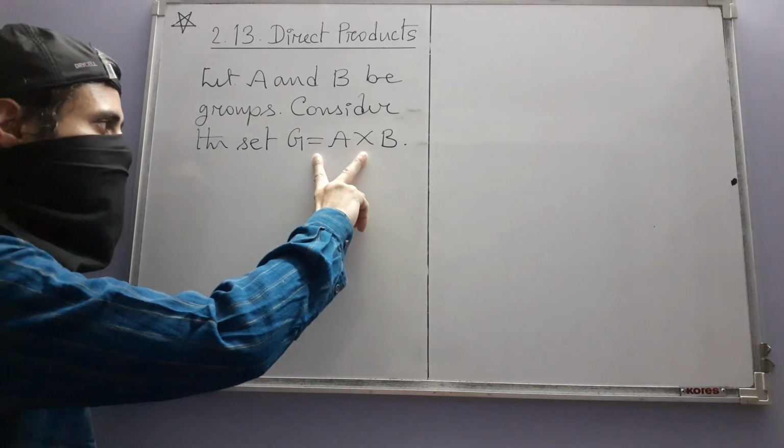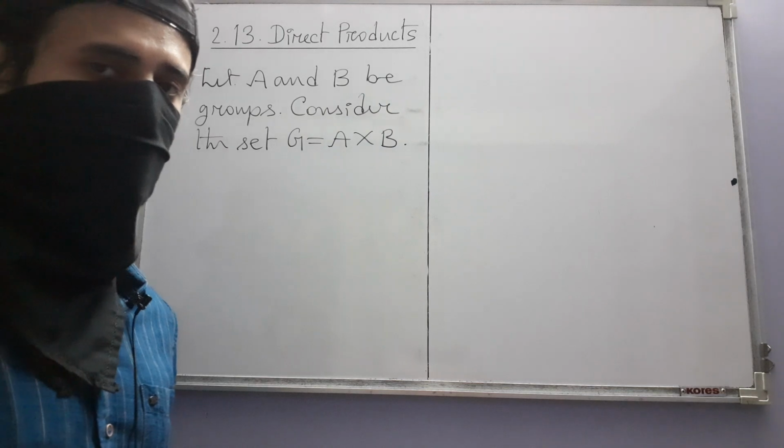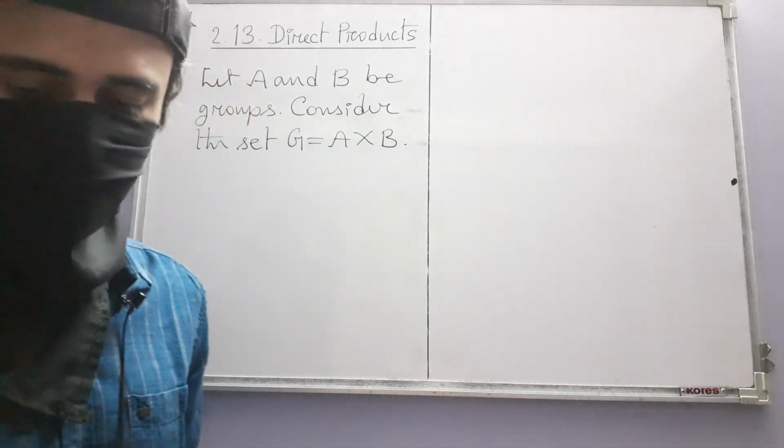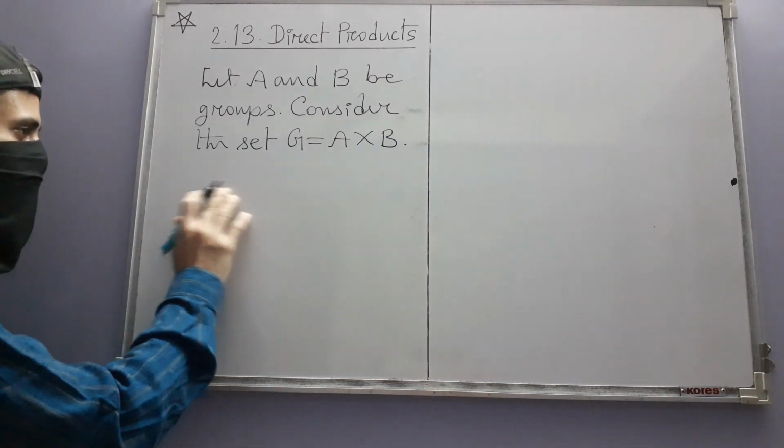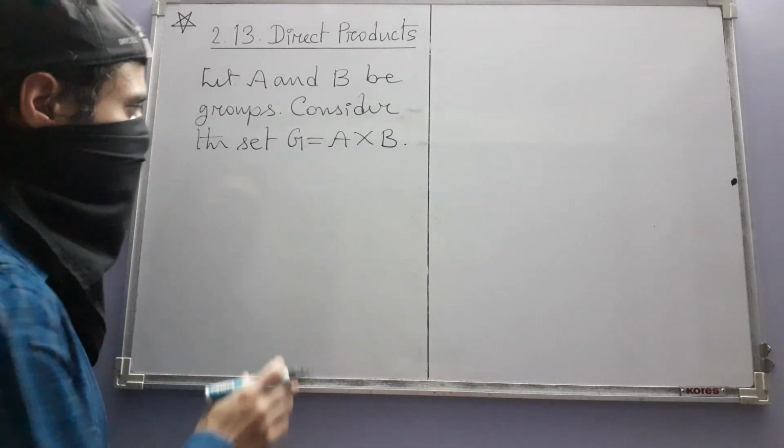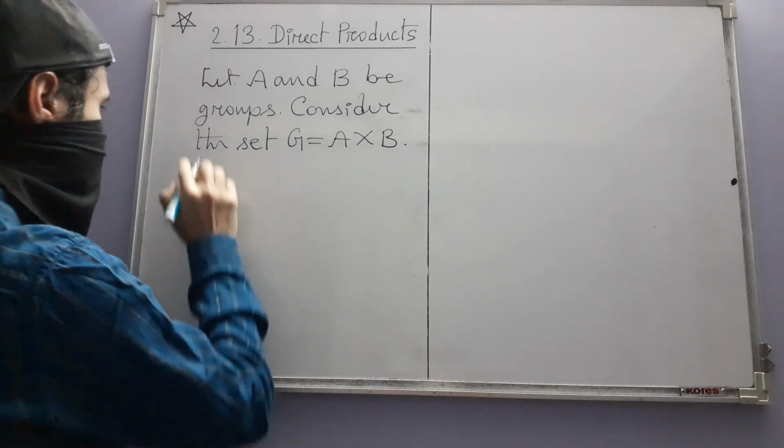Now, on this set, we are going to define a binary operation in the most natural way possible by defining it component wise. And by that we mean simply this.